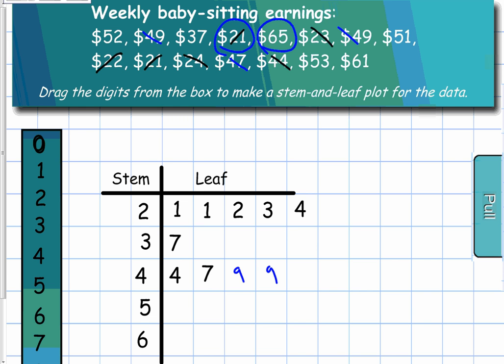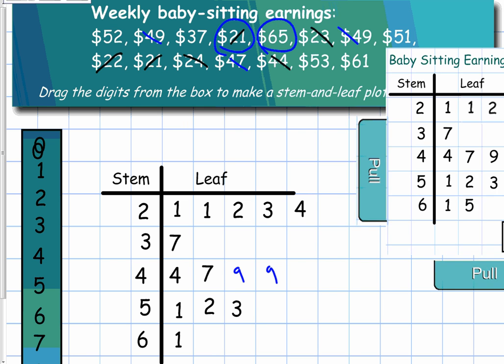Then I jump into the 50s. I got 51, 52, 53, and then 60, 61. So that's what my stem and leaf plot should look like.